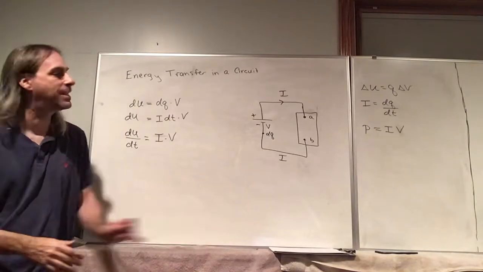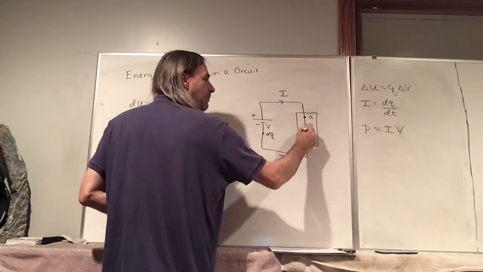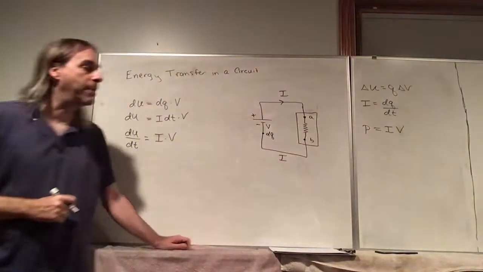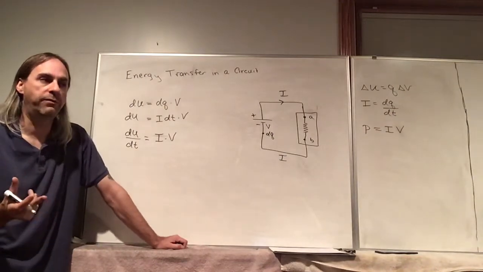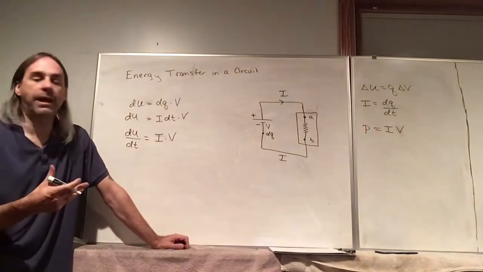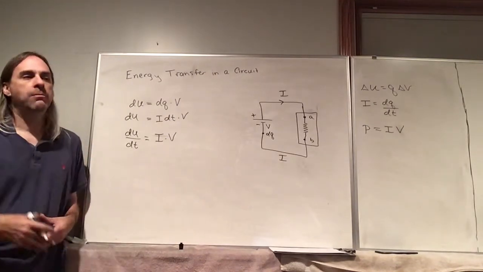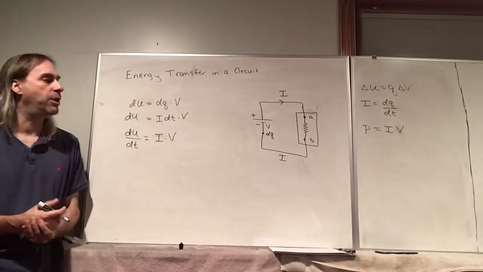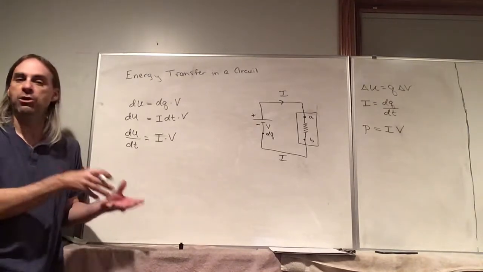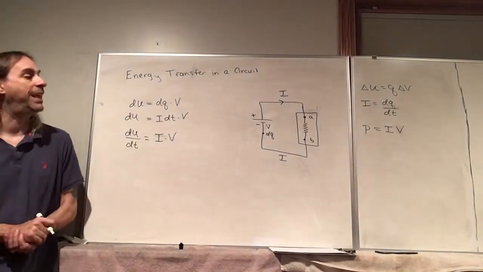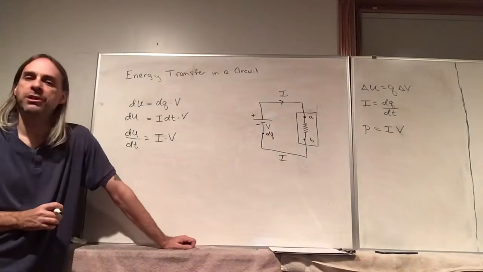If we have a resistor, what's definitely happening is this energy is being converted into heat. We talked about that: the electric field is doing work on the electrons, but overall they're not gaining or losing energy. So when they're colliding with the atoms, they're giving that energy to the atoms in the form of heat. Generally that's where the energy goes.